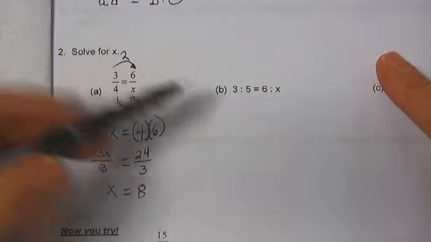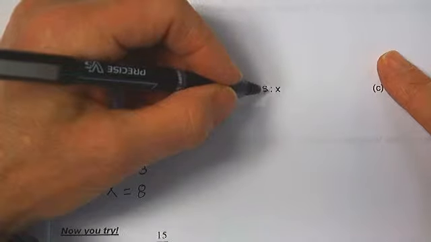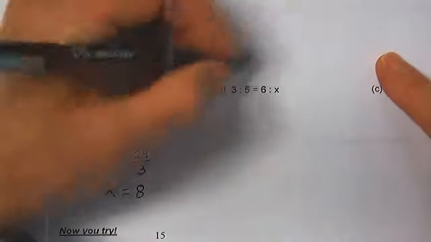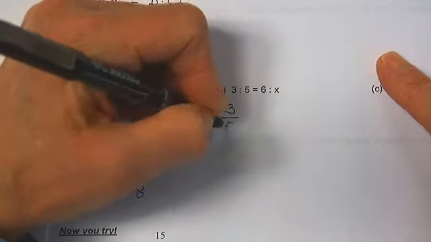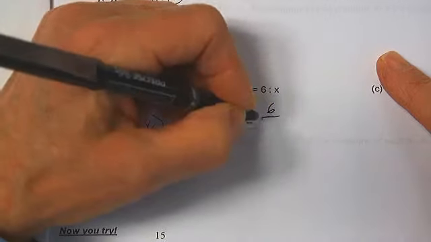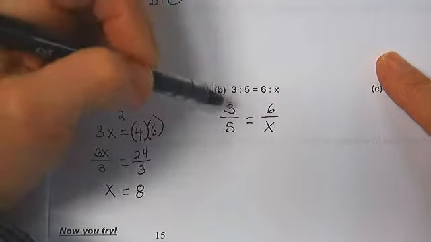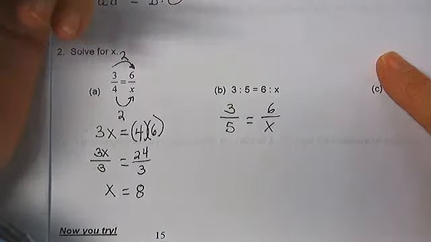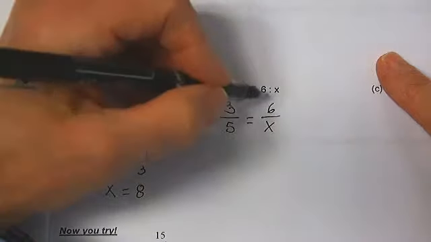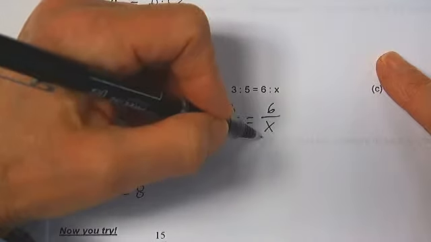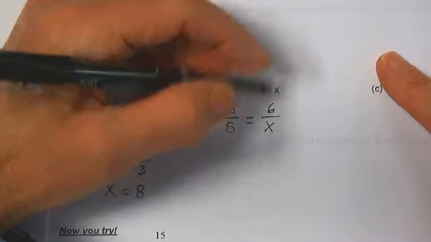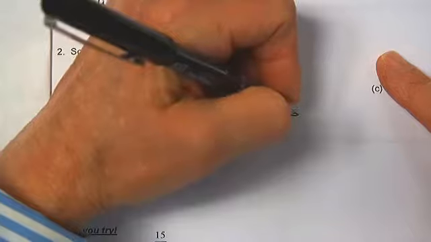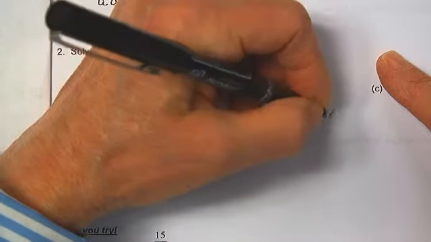In example B, 3 is to 5 as 6 is to x. Again, what number do I multiply times 3 to get 6? Oh, that would be 2. 3 times 2 is 6. 5 times 2 would be 10. So that would give us x equals 10.